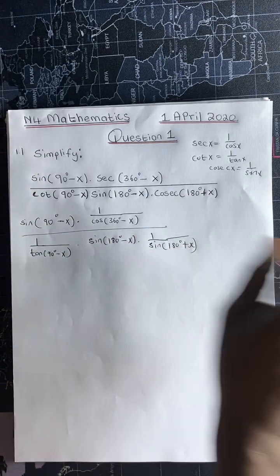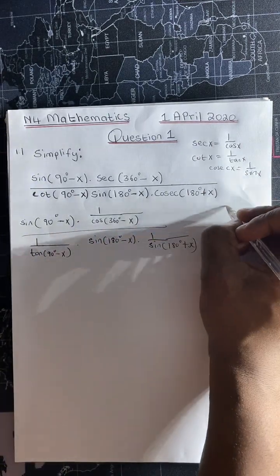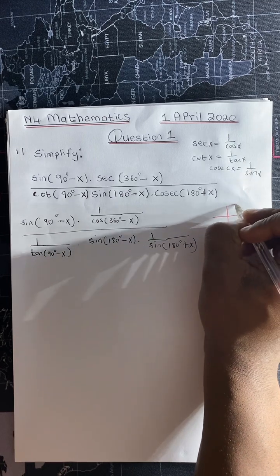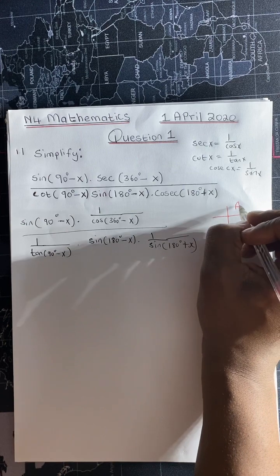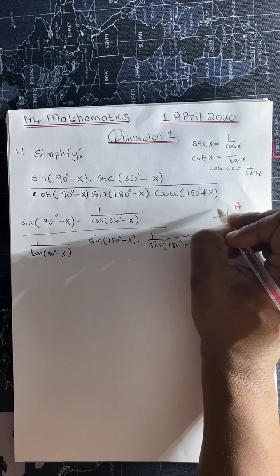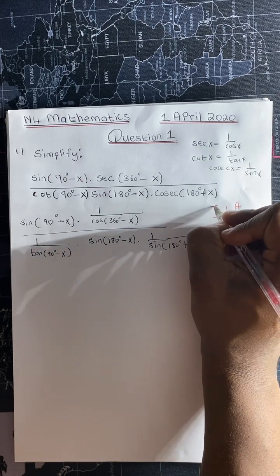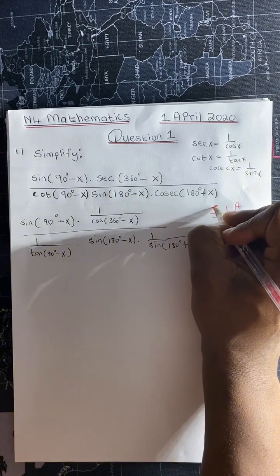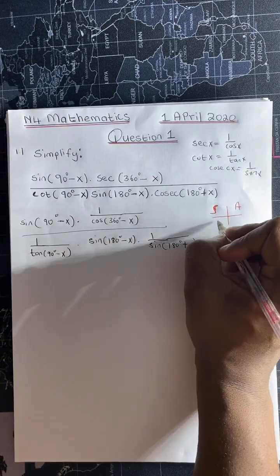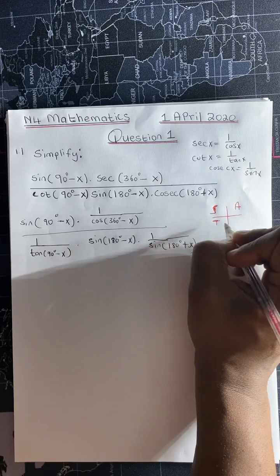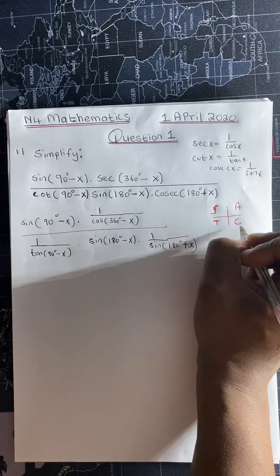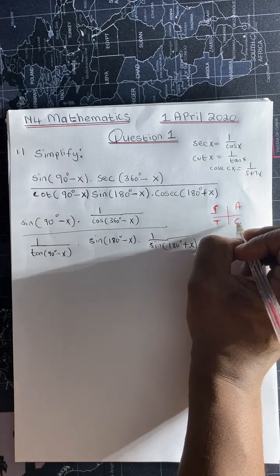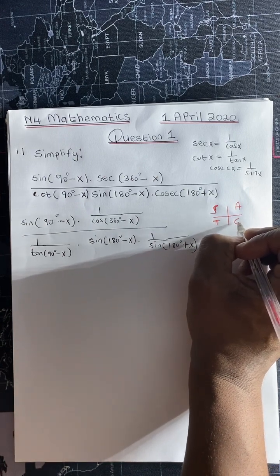plus x. We know from our trigonometry that all of sine, cos and tan are positive on this side, but only sine is positive in the second quadrant, and tan in the third quadrant is the one which is positive, and only cos is positive in the fourth quadrant.